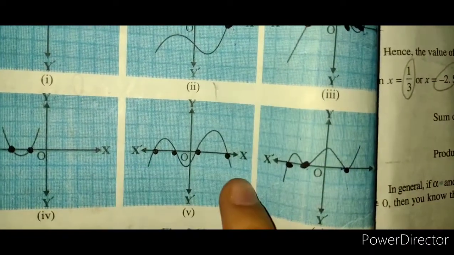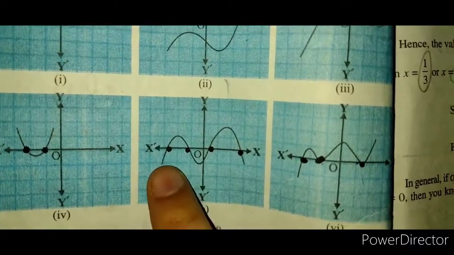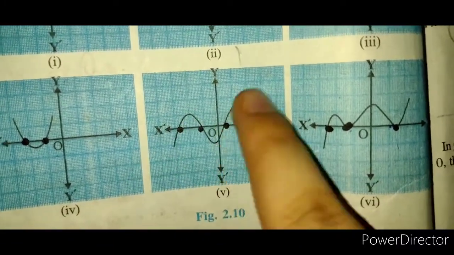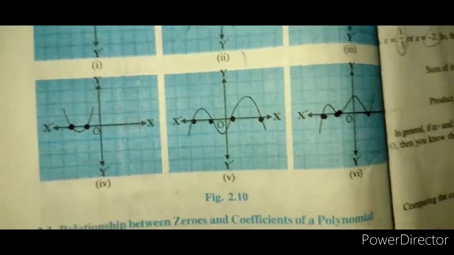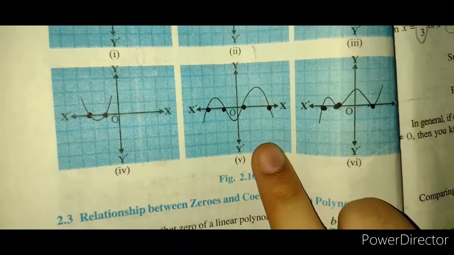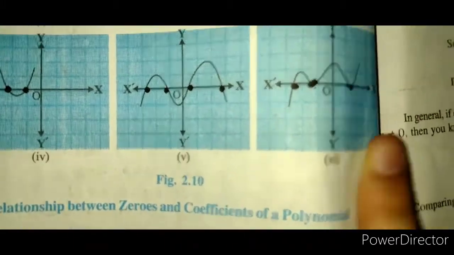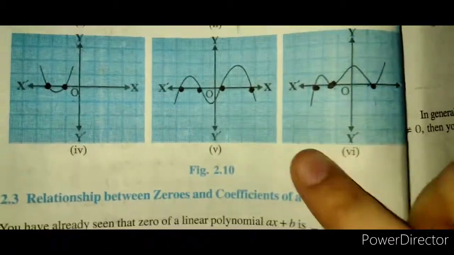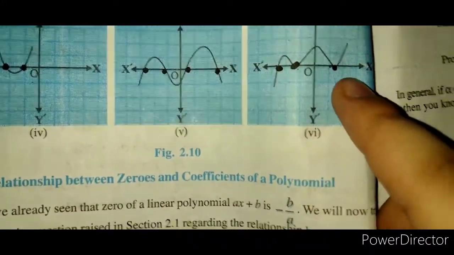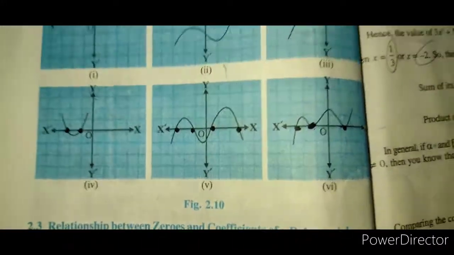Here the graph is touching or intersecting the x-axis at 1, 2, 3 and 4, 4 points. So you'll say 4 zeros. There are 4 zeros of p(x), and here I have marked the points at which it's intersecting the x-axis.